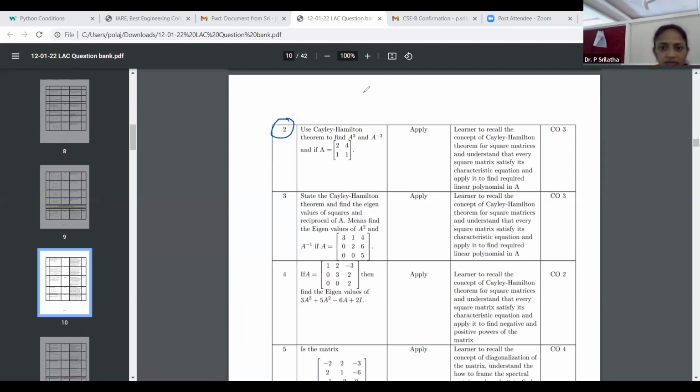So how can you find that? Anyone? By using Cayley-Hamilton theorem, you can find A cube and A power minus 3.